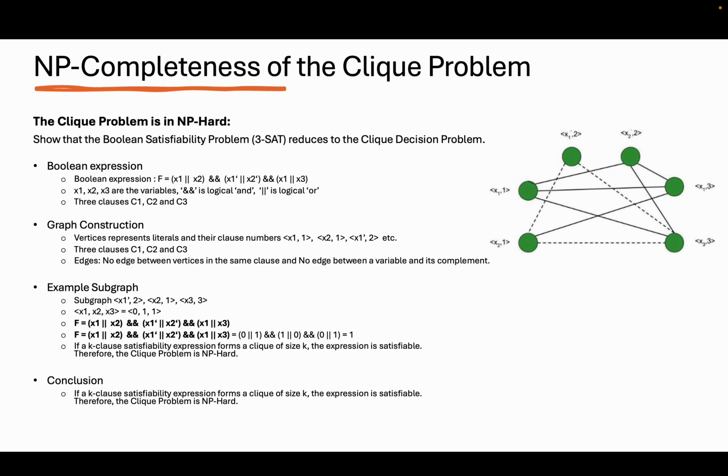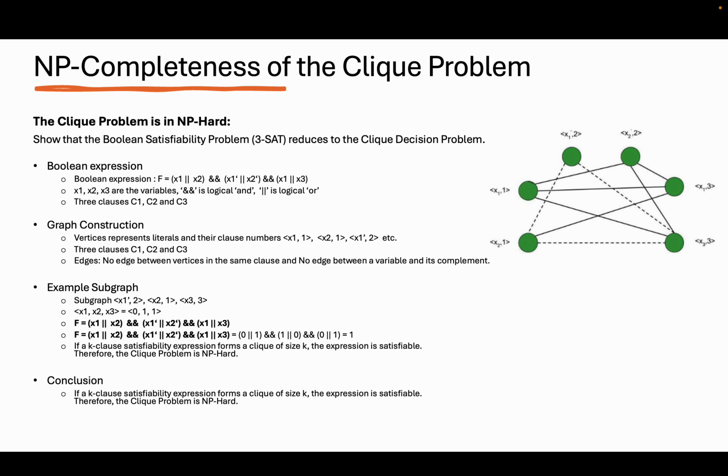They cannot be connected because x1 belongs to clause 1 and x2 also belongs to clause 1. The second condition is that no edges exist between a variable and its complement. For example, (x1, 1) and (x1 complement, 2) cannot be connected because they are complements of each other.